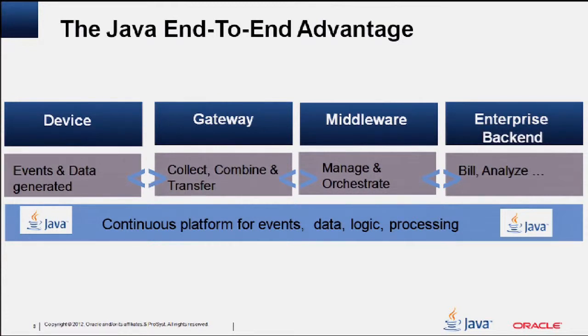So it's not the classical middleware, it's a middleware that manages the M2M stuff. And then, of course, you have your backend system where you finally make your money from. And to have a continuous platform there allows you not only to push data and connectivity, that can be done without Java. But with Java, you have the chance to push down logic down to the edge.